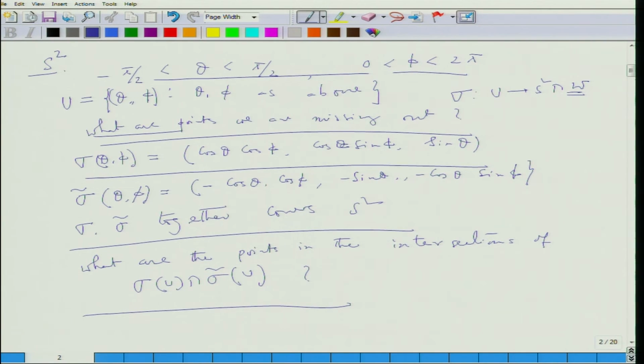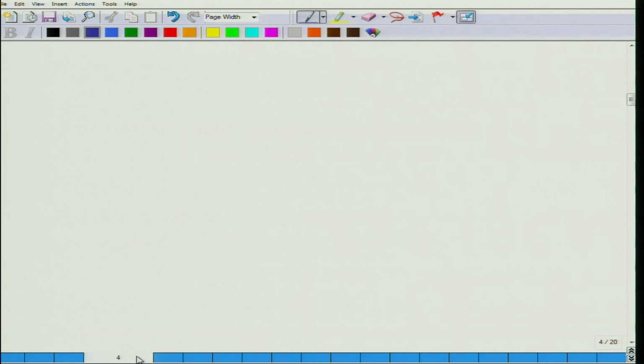So, this is my second example, and next I want to end this lecture with another example with a surface. I do not know if it is a surface or not. This is called a double cone.